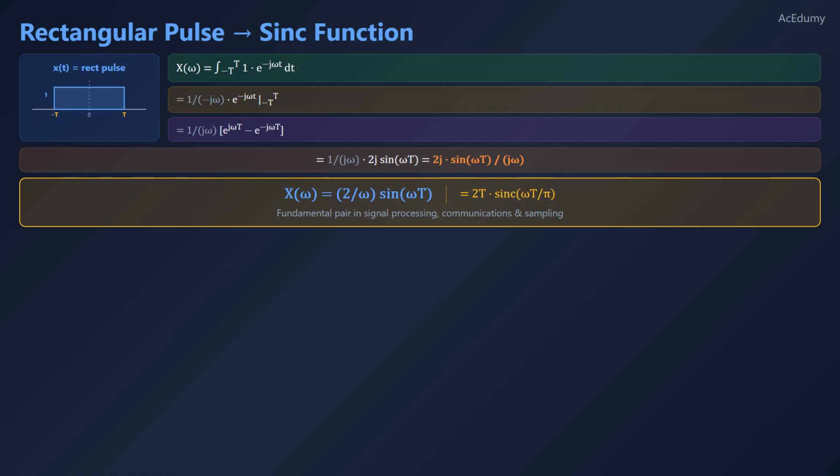This can also be written as 2T times sinc of omega T over pi, where sinc of x equals sine of pi x over pi x. This rectangular pulse to sinc function relationship is fundamental and appears throughout signal processing, communications, and sampling theory.